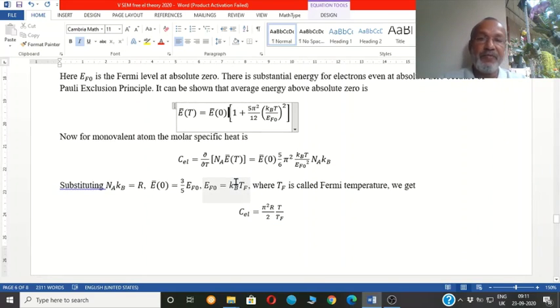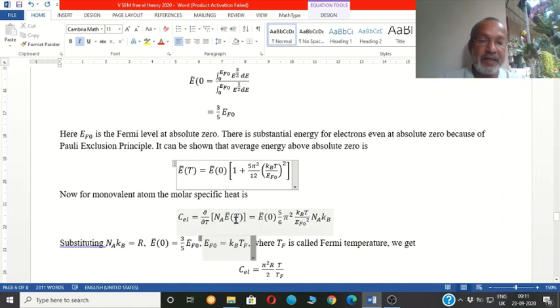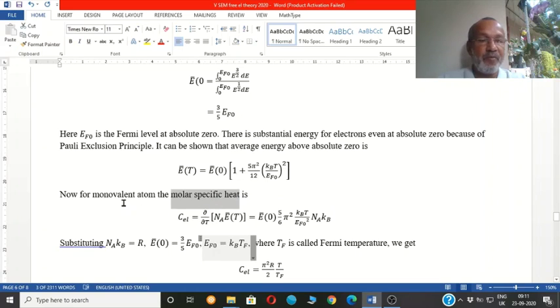Now we will find the specific heat. Specific heat is actually delta E by delta T, where E is the total energy. We will take the molar specific heat, 1 mole of substance. And for a monovalent metal, we have 1 free electron per atom. So in 1 mole of metal, we have 1 mole of electrons, which will be of the order of 10 raised to 23.